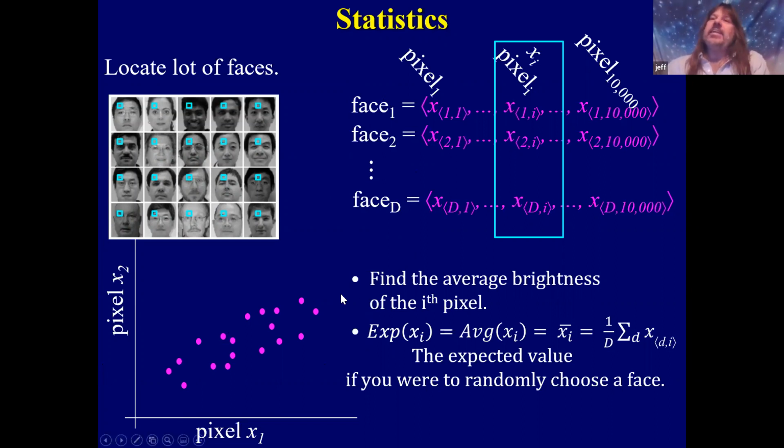Maybe we have 60,000 faces here, I don't know how many, but choose one of them randomly and look at its ith pixel and ask, what's the expected value of the brightness of that pixel, which is the same as the average over all faces.